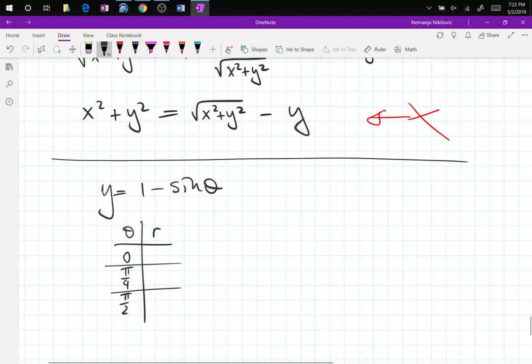Now you calculate your r's. You plug in 0 for theta, and sine of 0 is 0, so you get 1 minus 0, which is 1. You plug in pi over 4, you get 1 minus root 2 over 2. You plug in pi over 2, you get 0.